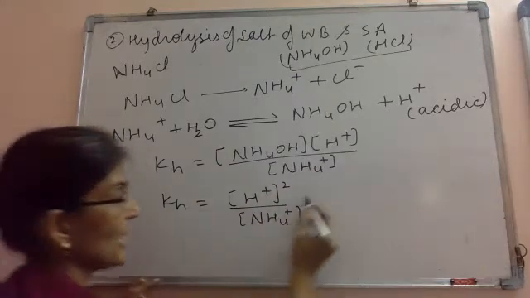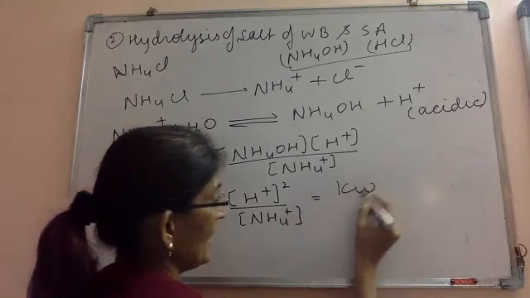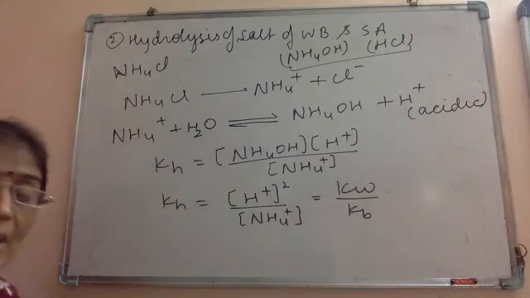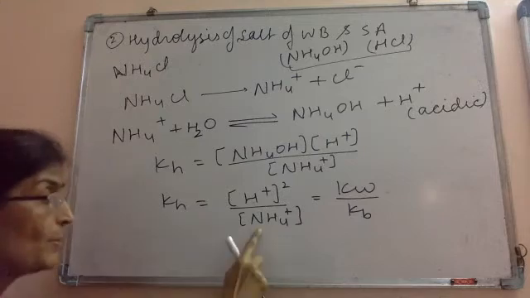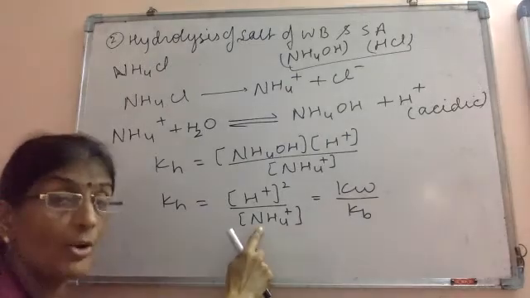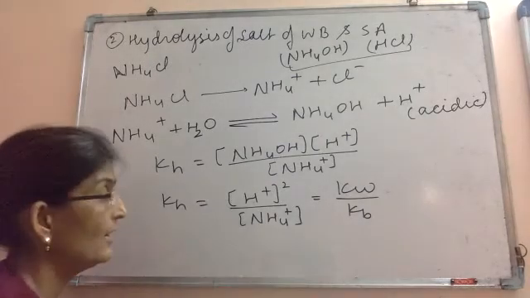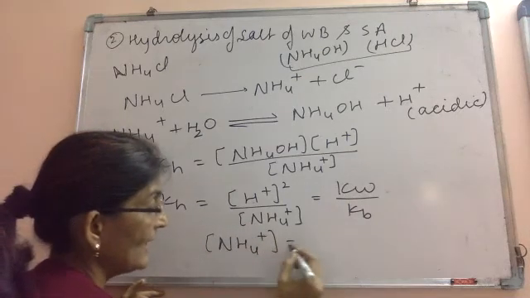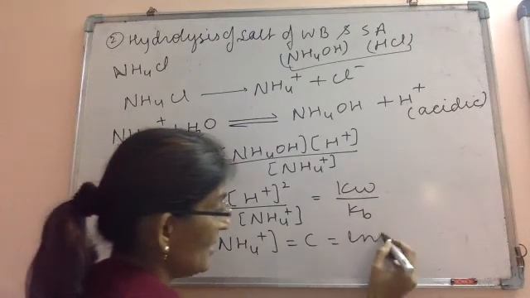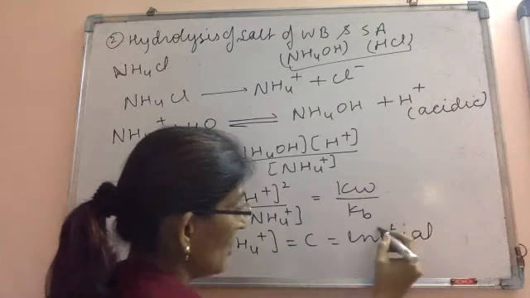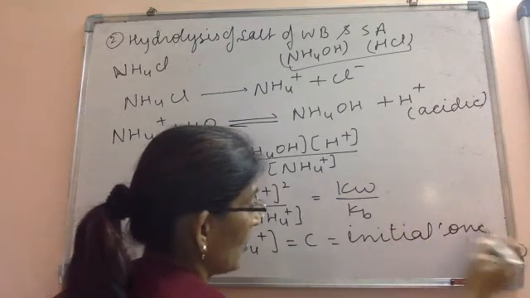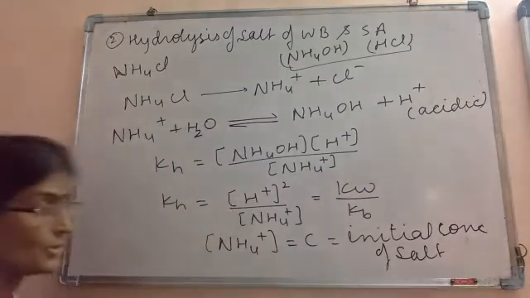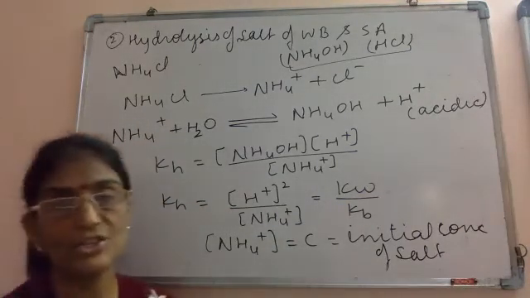And here the KH, hydrolysis constant, will be Kw upon Kb. Why Kb? Because this time base is weak. What is NH4 plus? NH4 plus is C, and that is initial concentration of salt.